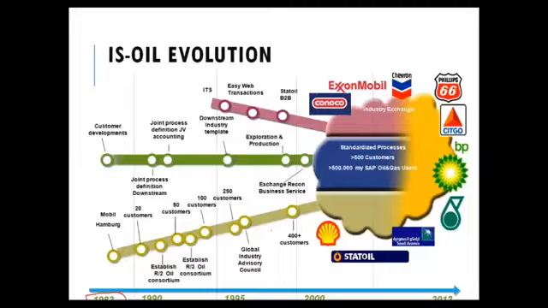And then they came up with this IS oil solution. Gradually, now in 2016, the IS oil solution has almost matured. Except for a few patches or updates, most of the solution remains the same. They don't change any business process.